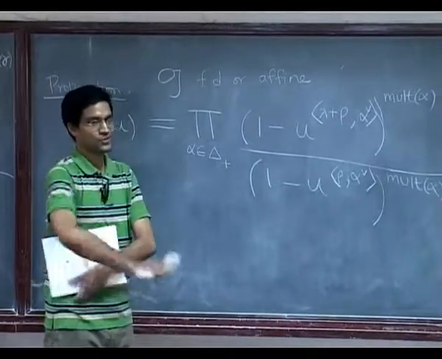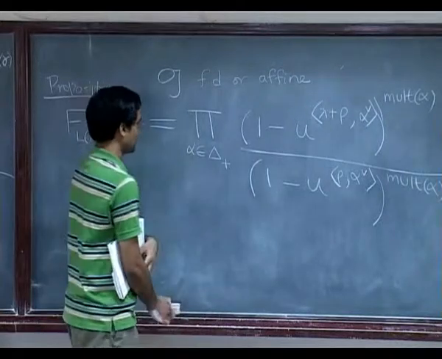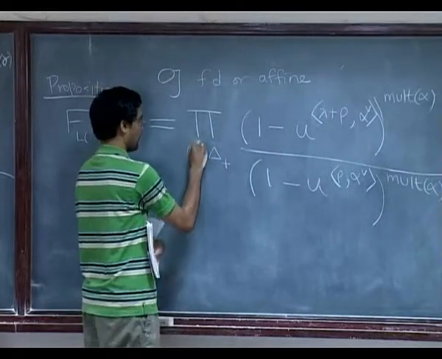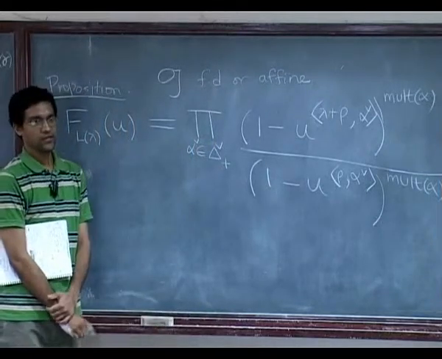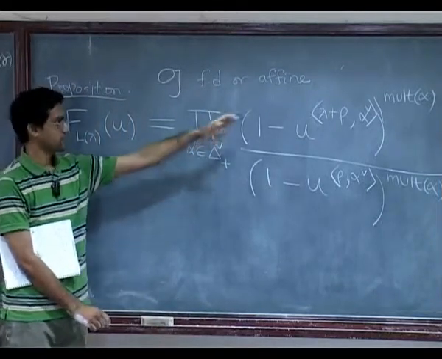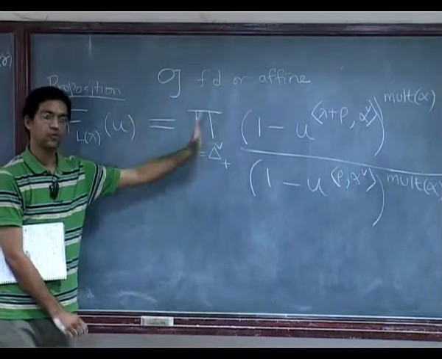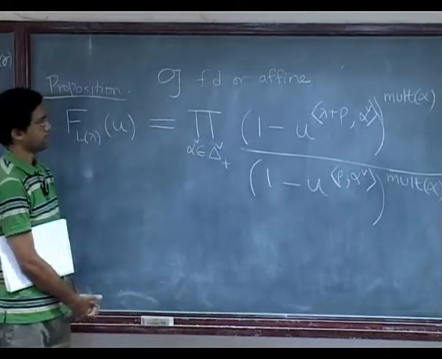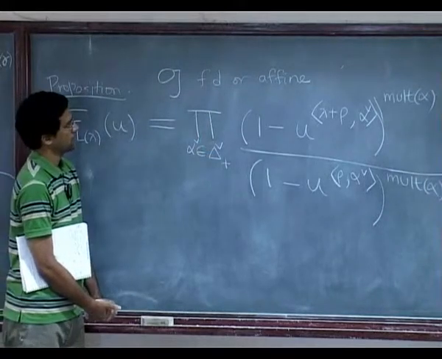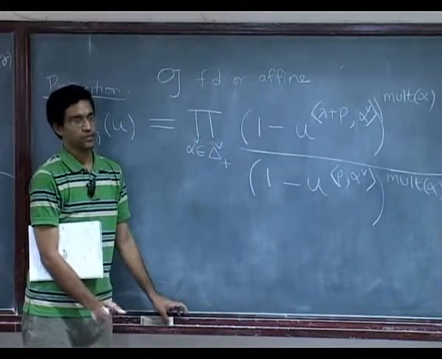So technically I should say overall alpha check running over this. That should be the correct way of saying it. It's not over alpha running and then you are taking alpha check. You are actually running over the roots of the dual affine. Yes, you are right. Because there is no correspondence between the two in the affines.